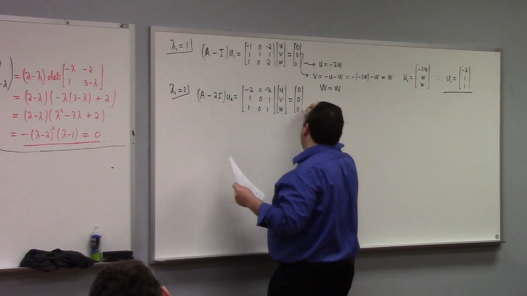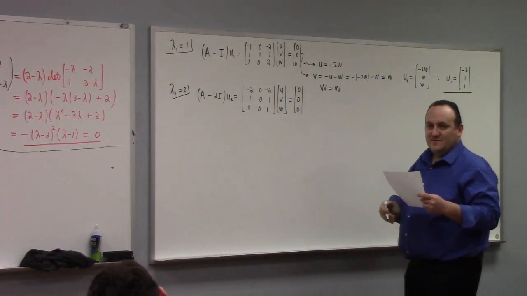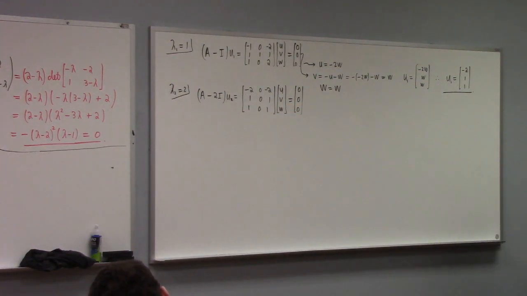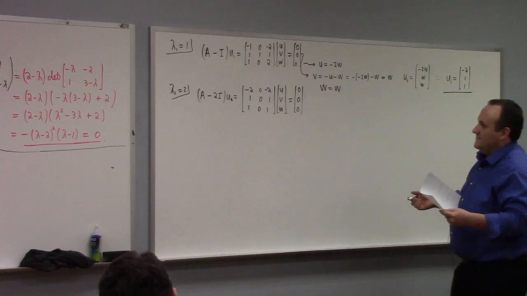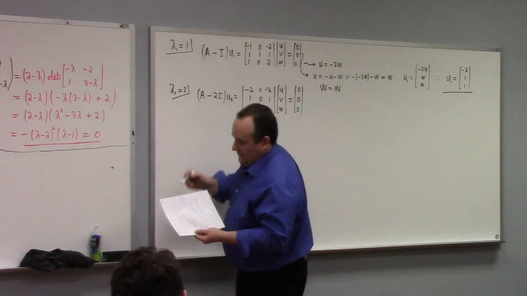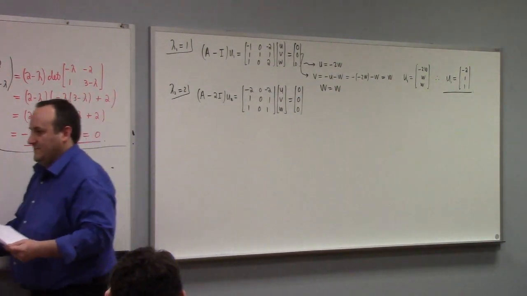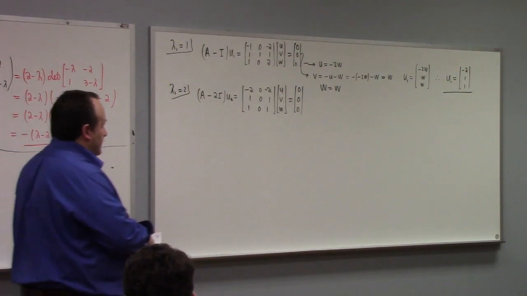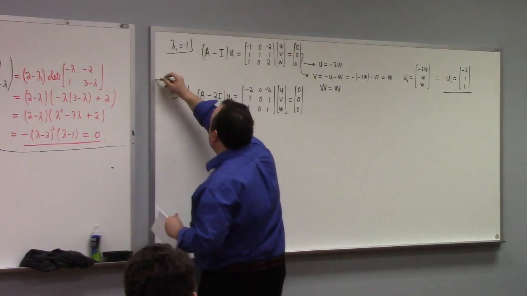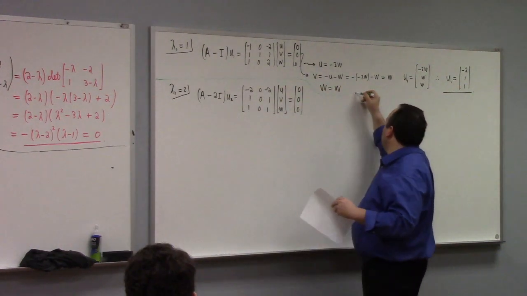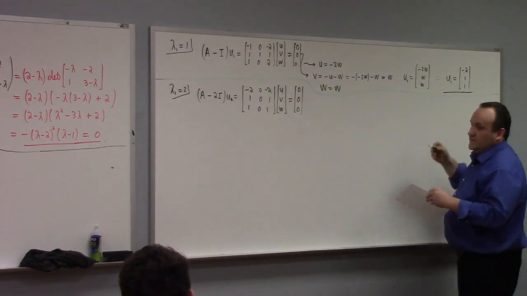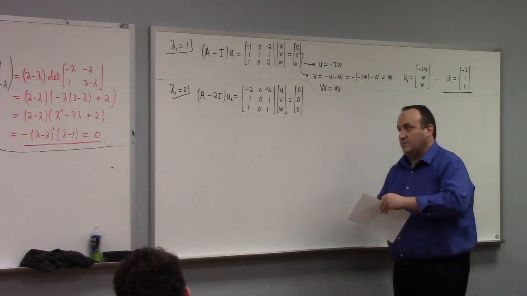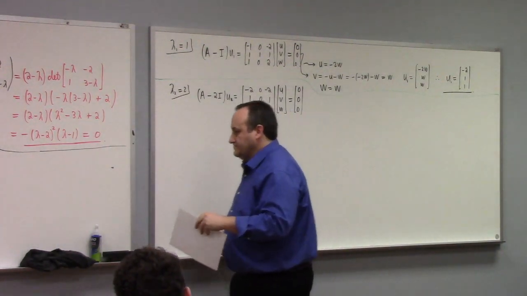This is the same equation triplicated, isn't it? So what does this tell us? What's the story here? We have one equation, 3 unknowns. So we expect that our solution set here has 2 free parameters, right? 2 free parameters.